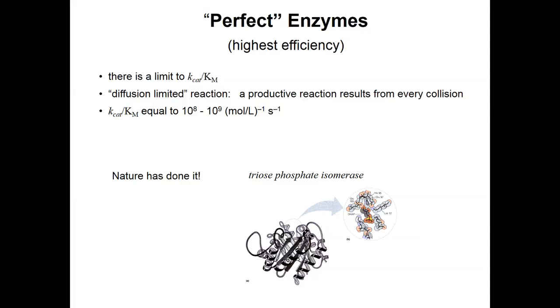Now, there is another enzyme called the isomerase. The isomerase has an efficiency around 10 to the 8 to 10 to the 9 per molar per second. So it's a very, very efficient enzyme, and this is very close to the diffusion value.